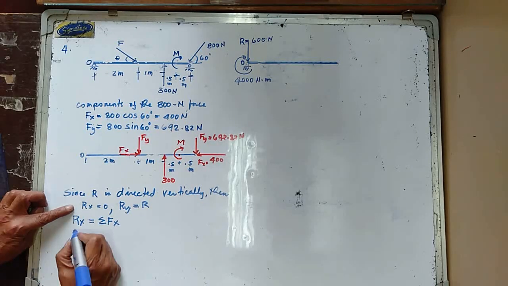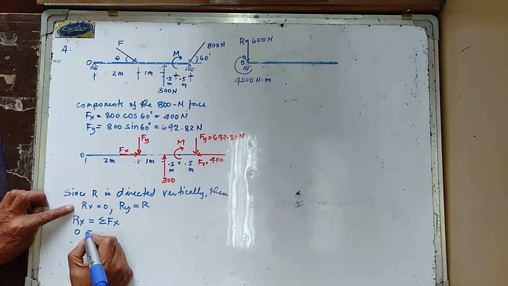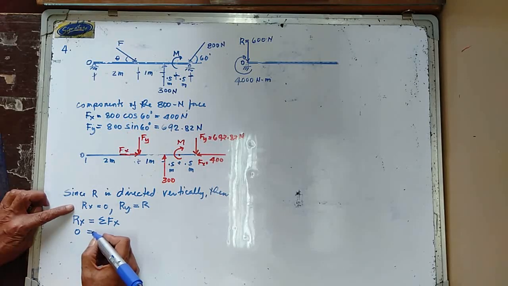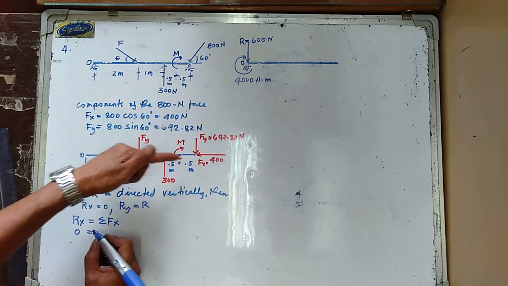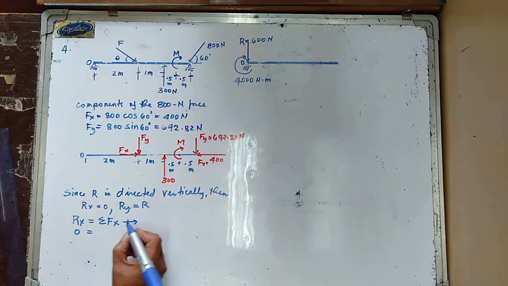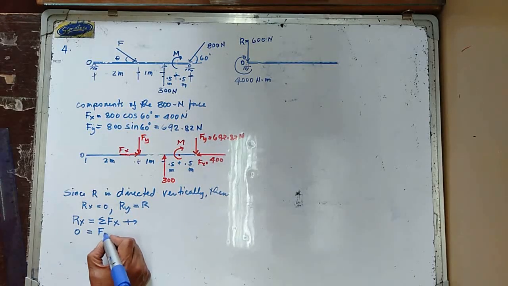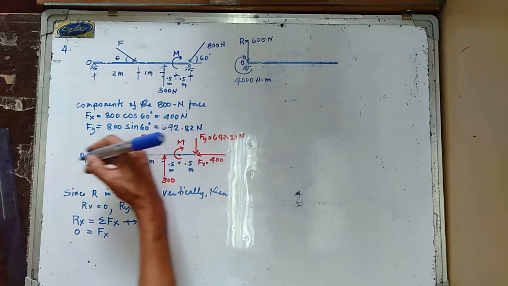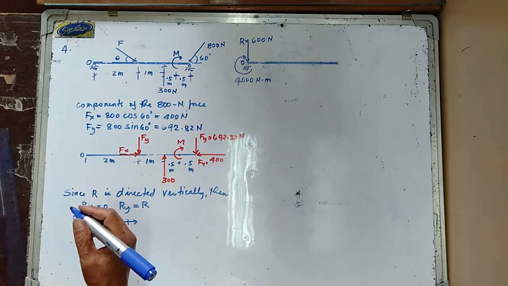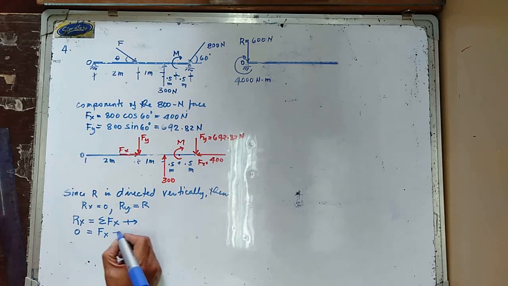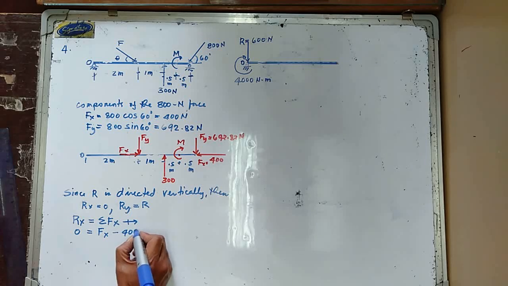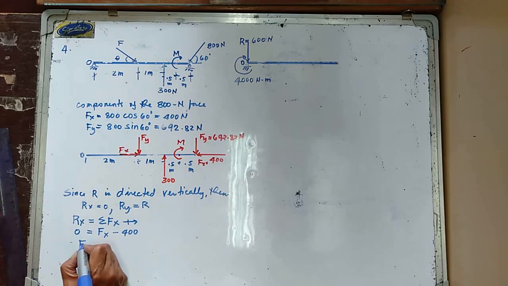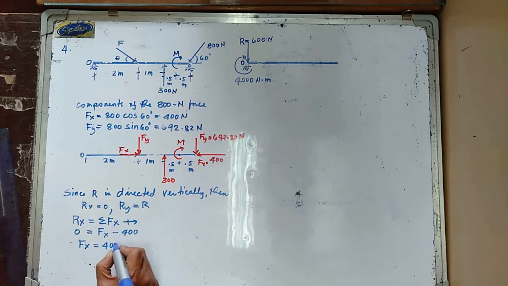Since Rx is equal to 0, then we have Fx going to the right, minus 400, and therefore your Fx is now equal to 400 newtons.